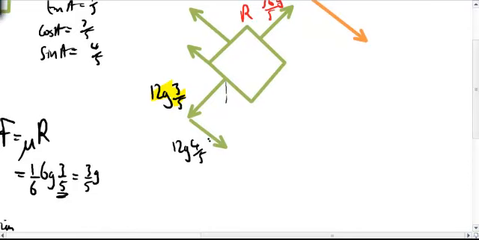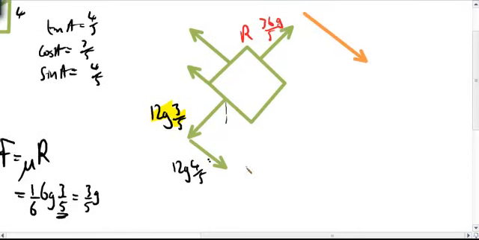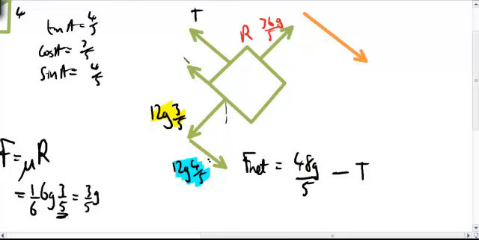So the net force, F net, is equal to, and I'll just highlight them all in the blue one here, this one here is what's bringing it down, 12g times 4/5, so 48g/5, minus the tension, T, minus the friction, F.